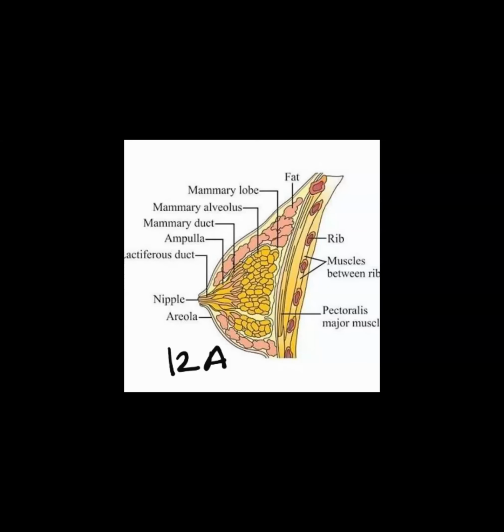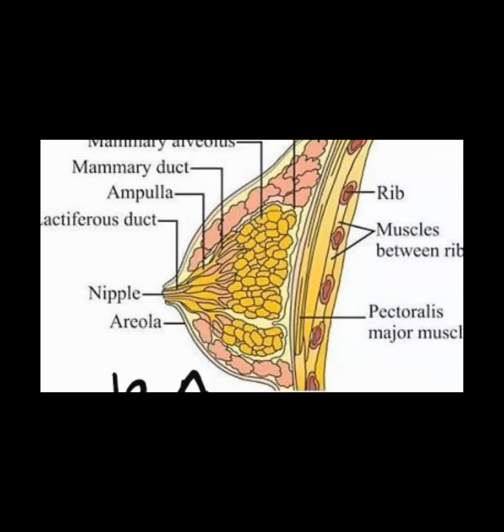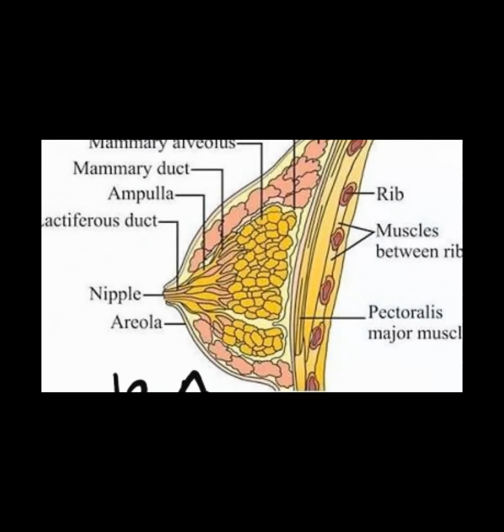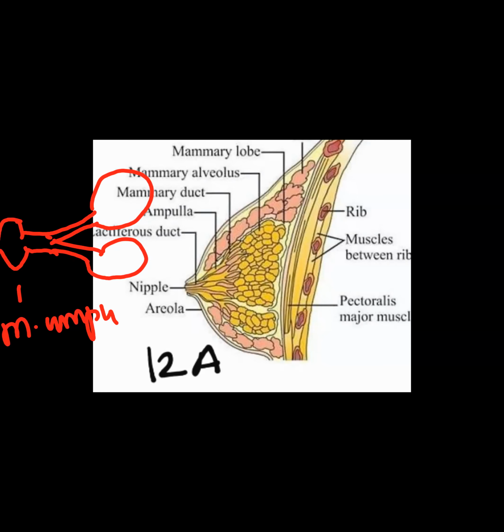Let me show you in the diagram also. देखो, the mammary duct, actually several mammary ducts join from 2 or 3 lobes. जैसे ये मेमोरी डक्ट है एक लोब की, ये मेमोरी डक्ट है दूसरे लोब की, and after a certain distance they form what is called the mammary ampulla.